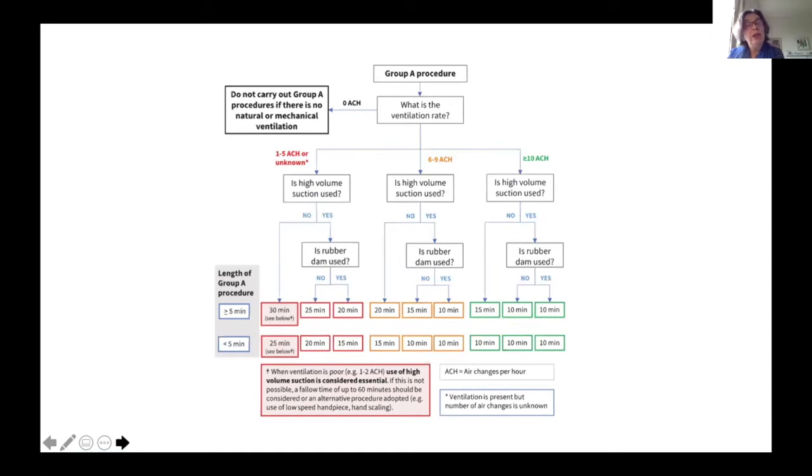And what we concluded is that if those mitigation procedures were in place, they would reduce the fallow time. And so our recommendation was that rather than 60 minutes, having considered all of the evidence, and in fact, where there was a lack of evidence, this could reduce to between 30 and 10.